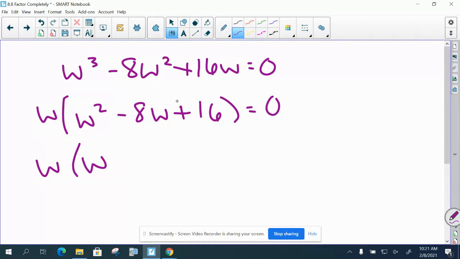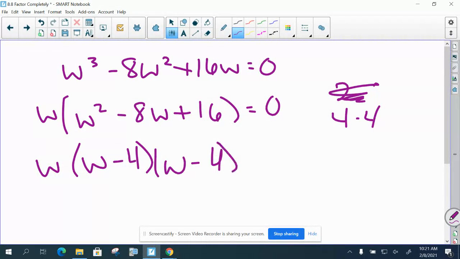So I can factor this trinomial now as w. Factors of 16 that add to 8 would be, not 2, 4 and 4. That's right. So minus 4 and then w minus 4. So this would give us w equals 0, and these two would give us both w equals 4.